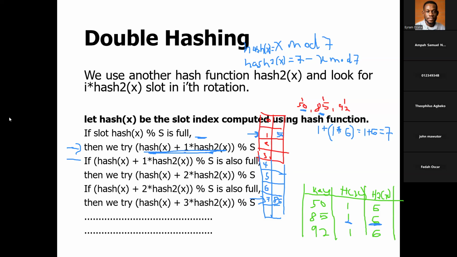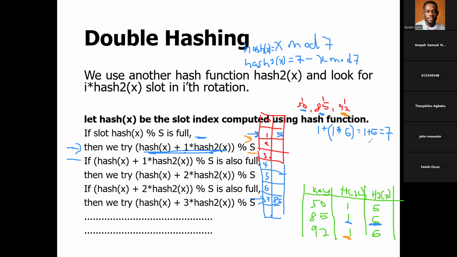Then we take the next value, which is 92. At position 1, it is occupied because 50 is there. If it is full, we move to the next one.